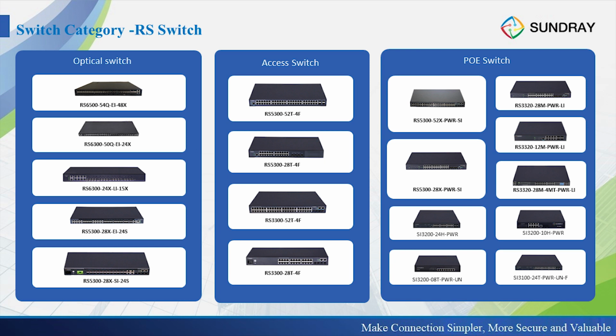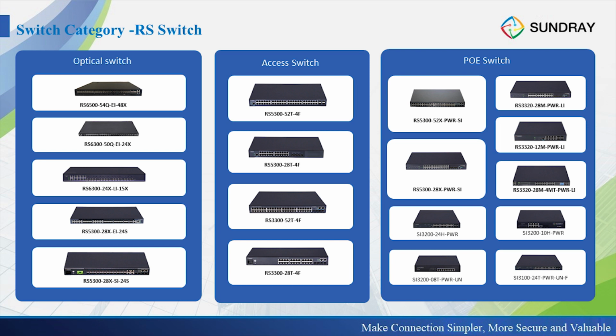For the RS5 series, the number 5 means it has 10 gigabit ports for the uplink. And for the RS6300, the number 6 means it has higher uplinks, for example 20G SFP or 40G SFP. And the others are the access layer switch and the PoE switch.